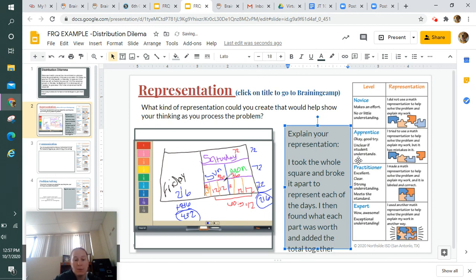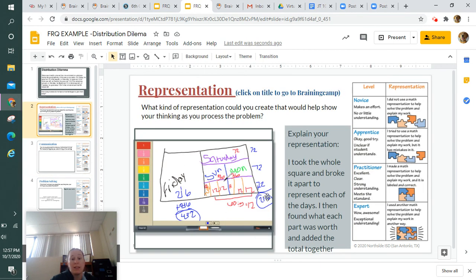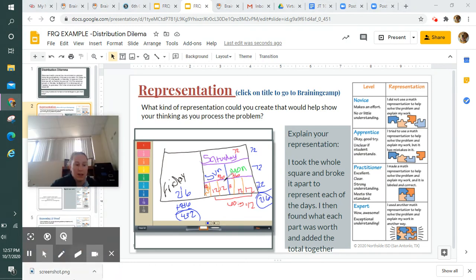Okay, and that's what this representation, this picture is representing. Okay, so you don't have to say a whole lot. Okay, the next section is, so that's this section. I'm getting ahead of myself.